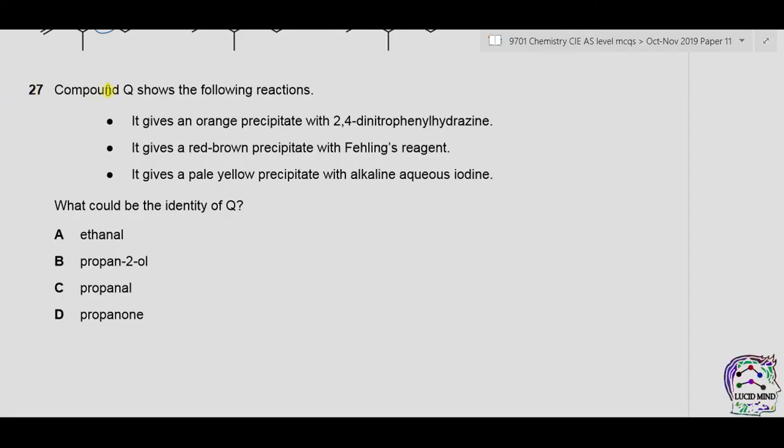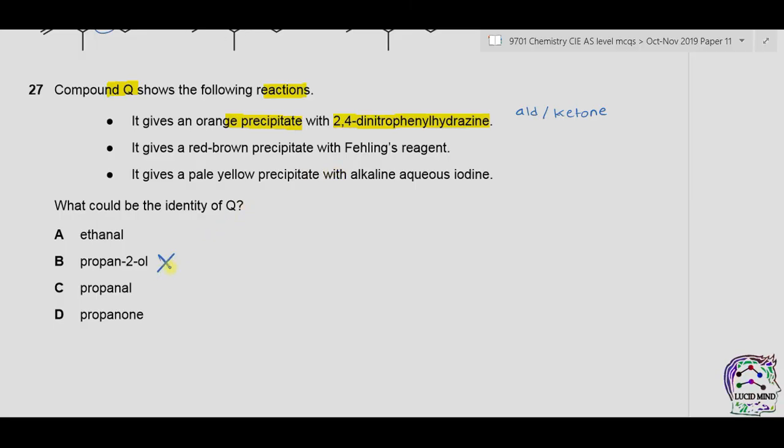Question 27. Compound Q shows the following reactions. Number 1 is that it gives an orange precipitate with 2,4-dinitrophenylhydrazine. Now this test shows the presence of aldehyde and ketone functional groups, because both aldehyde and ketone give a positive result with 2,4-DNPH.